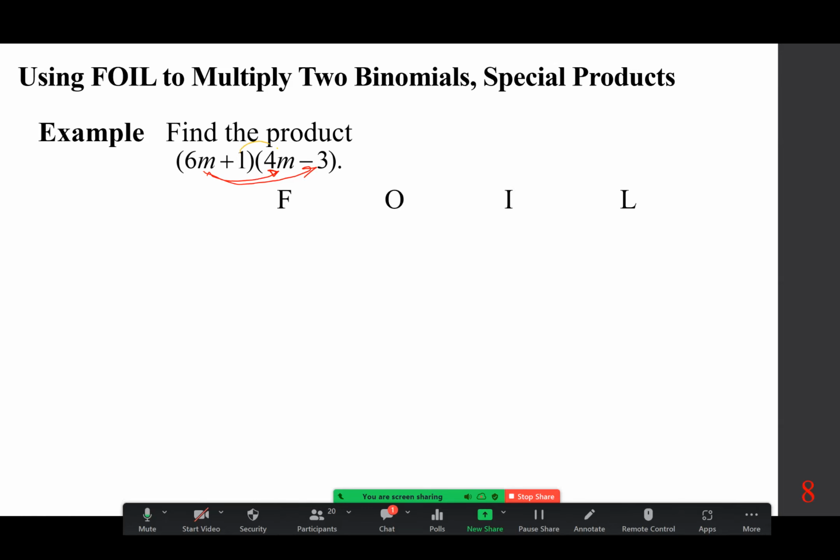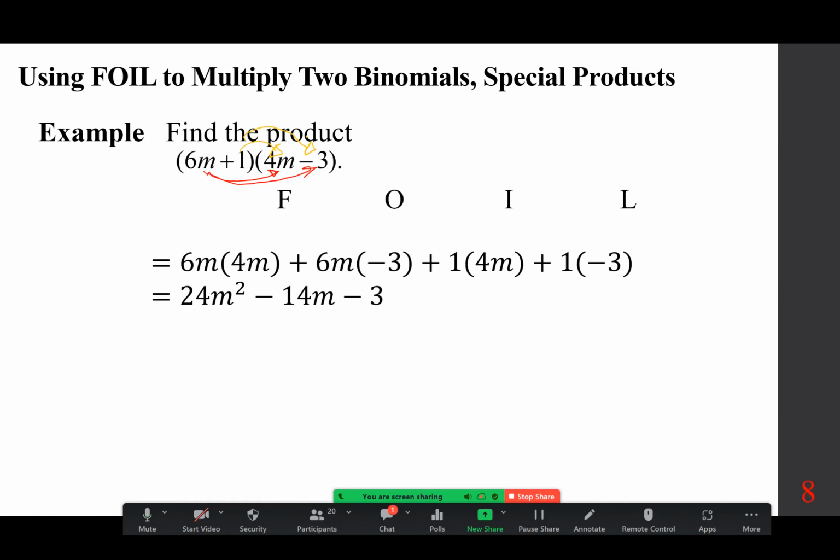Then we multiply these two, which gives us plus 4m. Then we multiply these two, we get negative 3. That's how we do this.